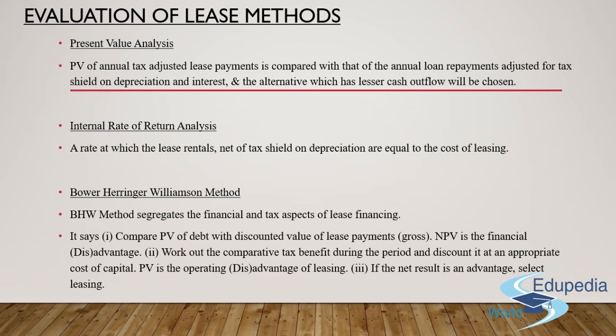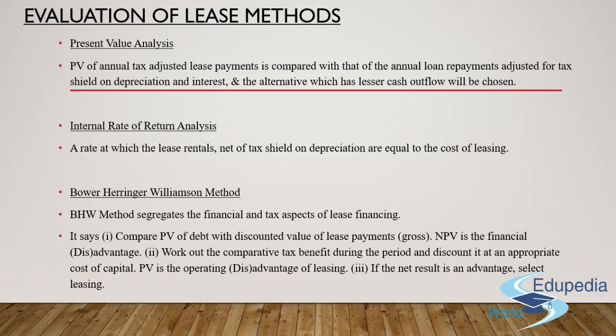Next comes the internal rate of return analysis. Internal rate of return is basically the rate at which the lease rentals net of tax shield on depreciation are equal to the cost of leasing. To ensure we get the perfect figure, my LHS should remain equal to RHS. LHS will always be the cost of leasing, the cost of the equipment I'll be needing.